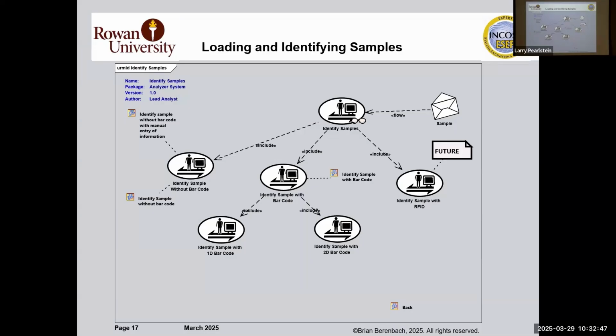The technician puts the priority in as part of identifying the sample. They get a big screen with pictures of all of the samples, and they can identify all of them, and then they can assign priorities.